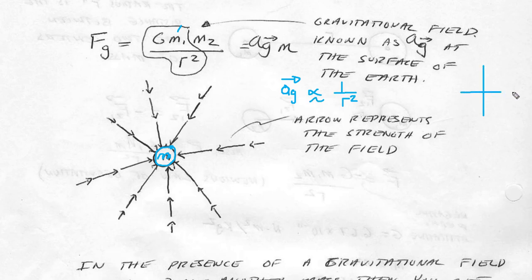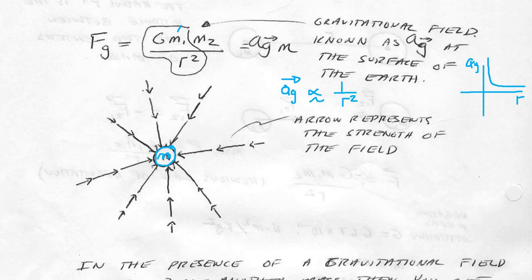So if we have a graph, and we have my r here, and I have my a sub g, that is going to rise as a function of 1 over r squared. It's going to spike up as I get really close to that mass. And so why is that important?